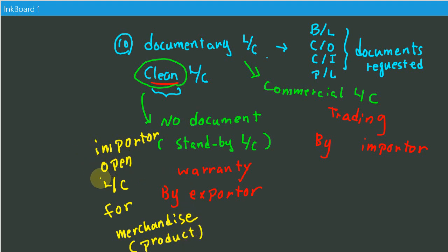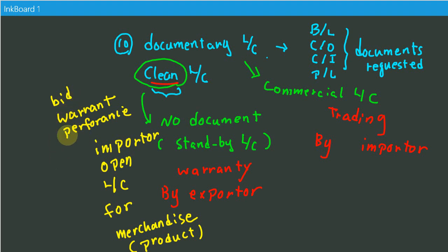In this case, it opens an LC for merchandise. But this import can request a warranty or performance, etc. I mean, for the bidding.